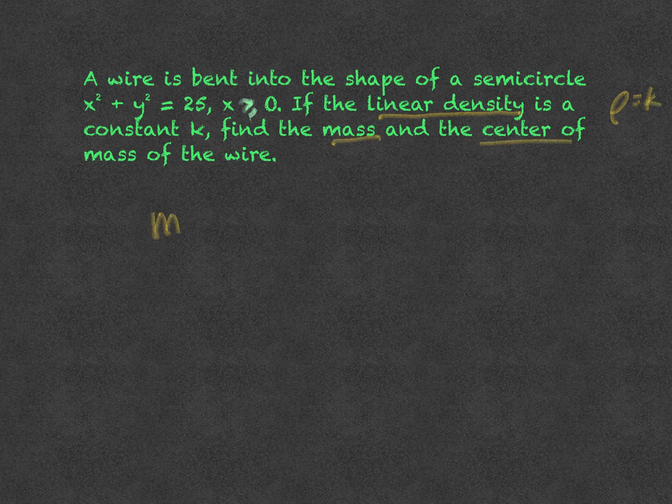We remember that the mass is equal to the double integral over the space D of rho of xy with respect to the area. In this case, rho is a constant k, so that makes it nice and easy for us. We're going to work with it in terms of our curve, because our bounds are not in terms of x and y, our bounds are in terms of a curve.